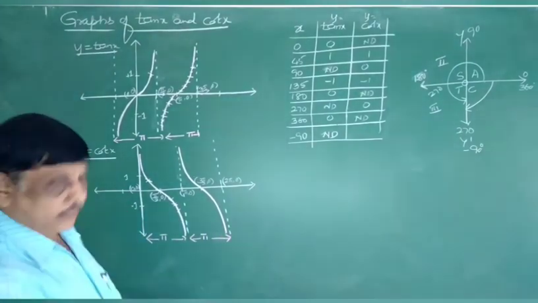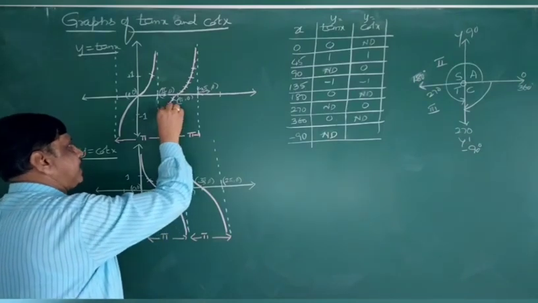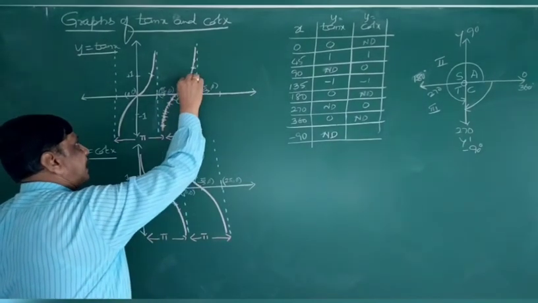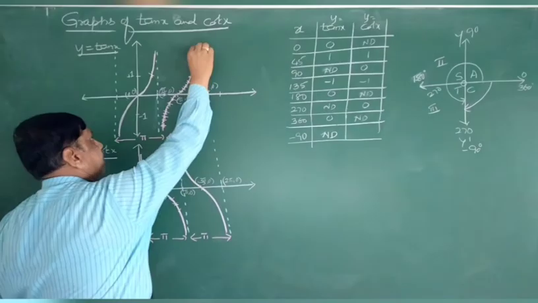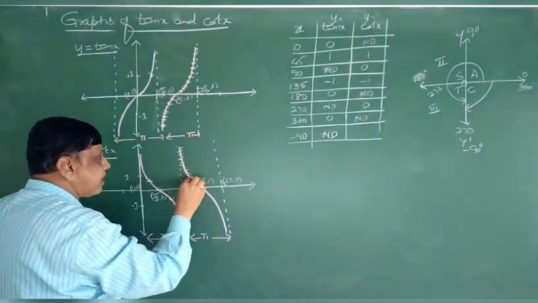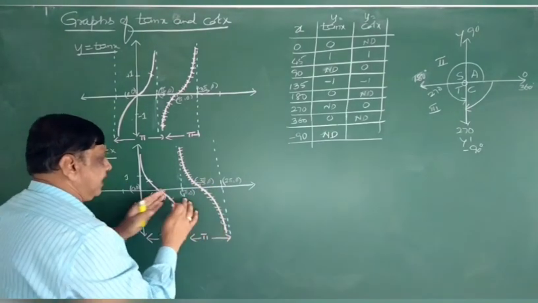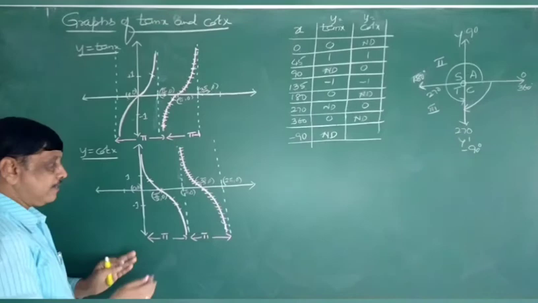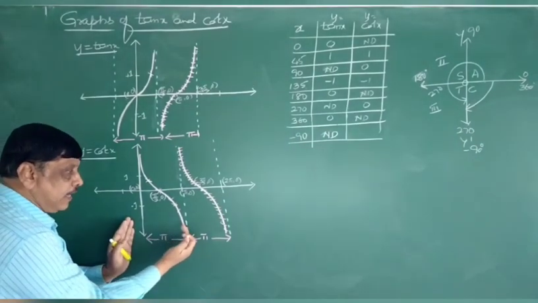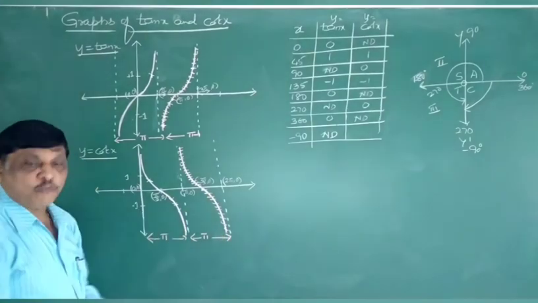Okay. So the same shape will be obtained in the interval of pi. This again is the shape of y equals cot x in the interval pi to 2 pi. It means that the shape of the curve y equals cot x repeats in the interval of pi.